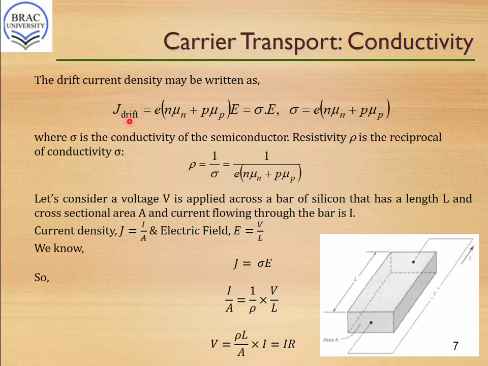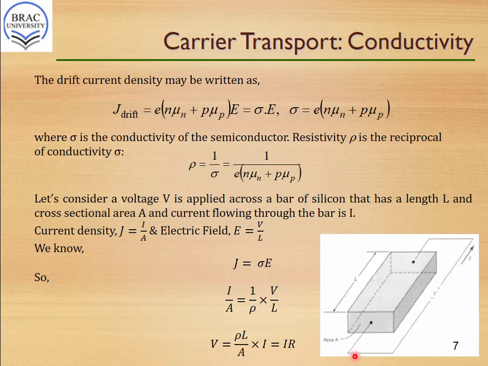Let's move on. Consider this figure here. You can see a silicon slab right here, and the measurements of this slab are also given. The cross-sectional area is A, and the length of this slab is L, capital L. And you can see that a voltage V is applied across it, and this voltage is causing a current I through the silicon slab.